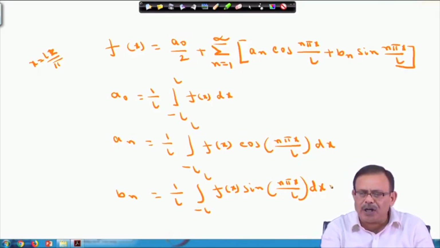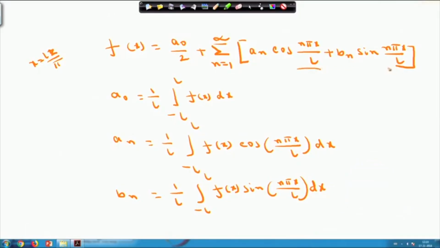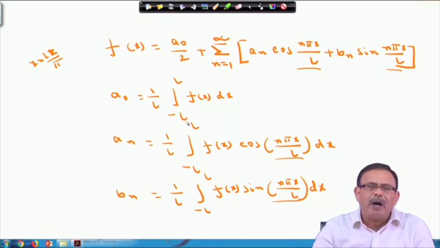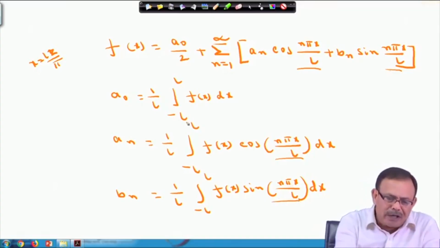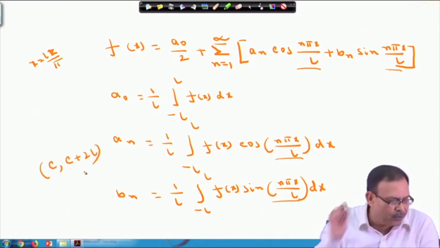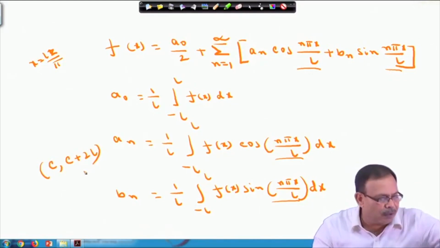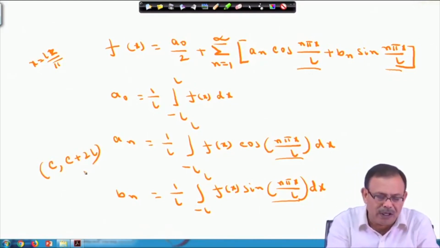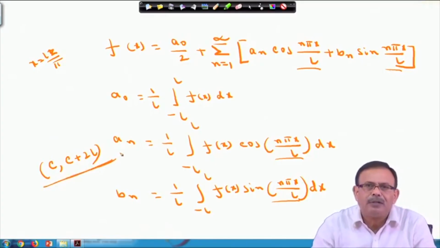So, the only change is coming here, here and here: limits are being changed from minus L to L, and this will be true for any interval from C to C plus 2L. This formula is true whenever I take any function f x which is defined in C to C plus 2L.